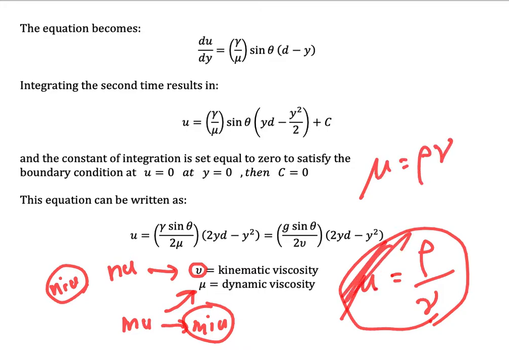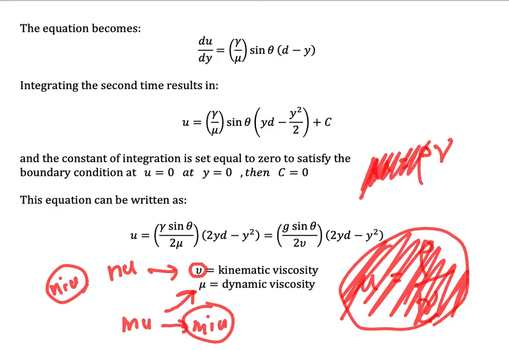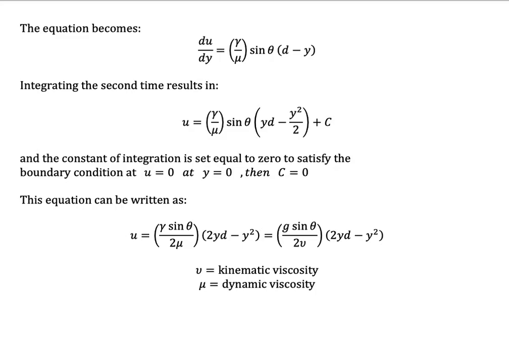I'm sorry, I just got confused just now. So this is the relation between rho, mu and nu. I hope you may check this one. So it means that sometimes people use kinematic viscosity, and sometimes people use dynamic viscosity.